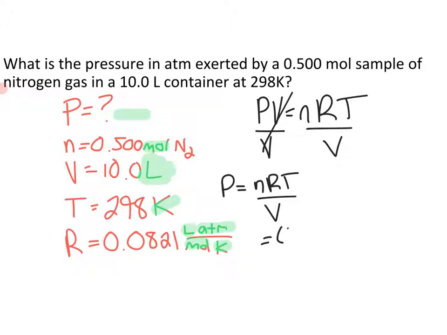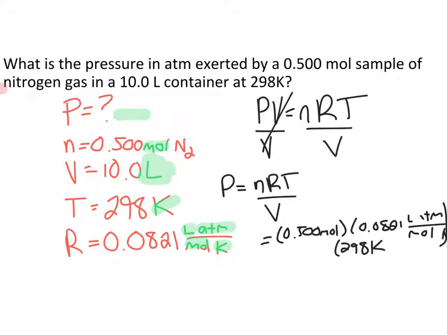So n is 0.500 moles. R is 0.0821 liter atmospheres per mole Kelvin. And also on top there is the temperature, which is 298 Kelvin. All of that is over my volume, which is 10.0 liters.